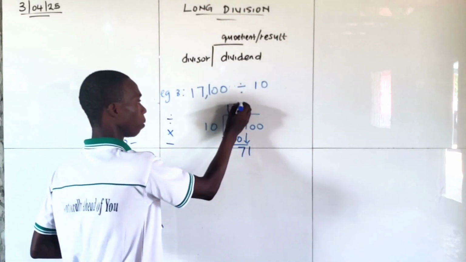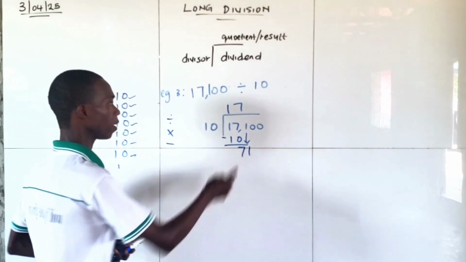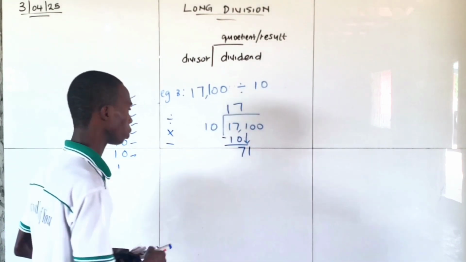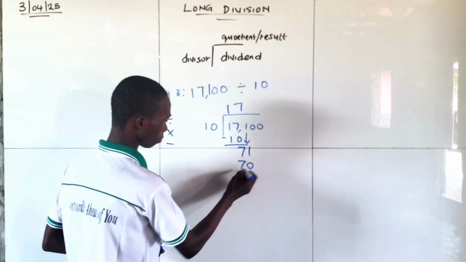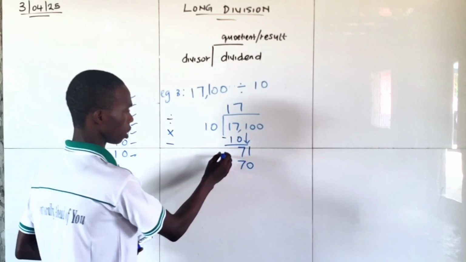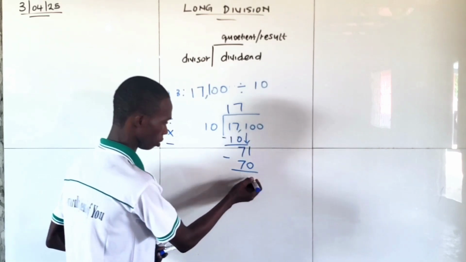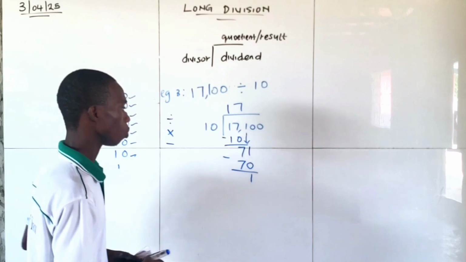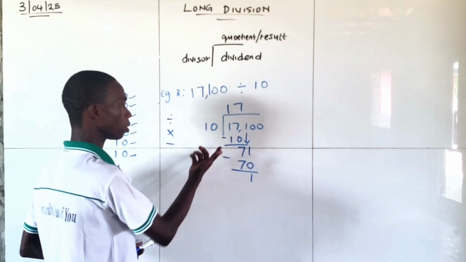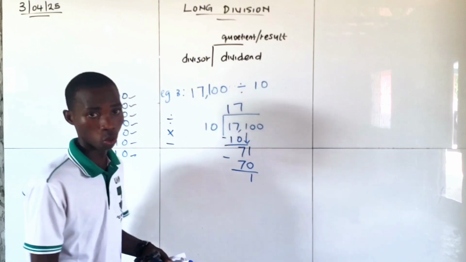So that's 7 we're having. Put 7 up here. And then the next part is we'll multiply. 7 times 10 will just give us 70. And then the next step is minus. That means subtract. 71 minus 70 will give us just 1, which is still the remainder. And because this 10 is still greater than 1 here, we cannot divide.